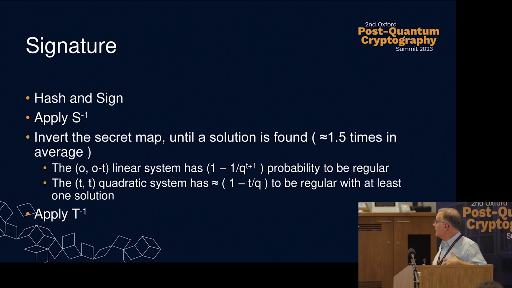Okay, and here comes some precision about the way it works. The first linear system has a very high probability of being regular, so you will enter the next step very often.